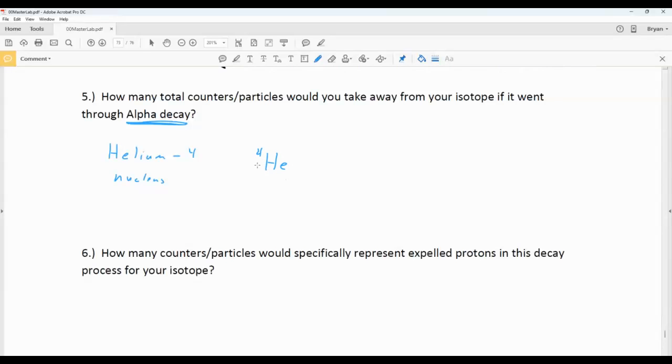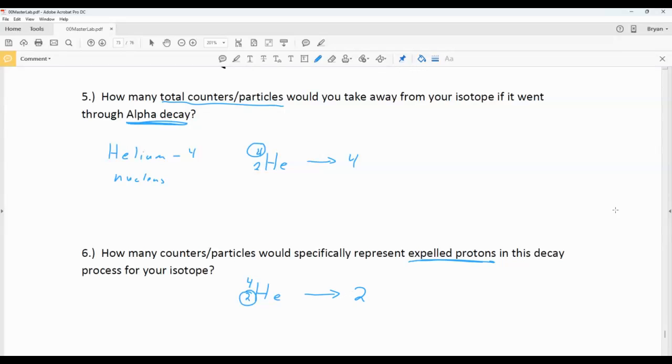So helium-4, when we write it in our notation, is usually this way. It's got 4 total nucleons, 2 of them are protons. So the total particles that would be leaving come from the top number, which is 4. And so we have a change of 4. The number of these that are specifically expelled protons, conveniently we can see this without scrolling, we still have that same helium-4, and the protons come from the bottom number.